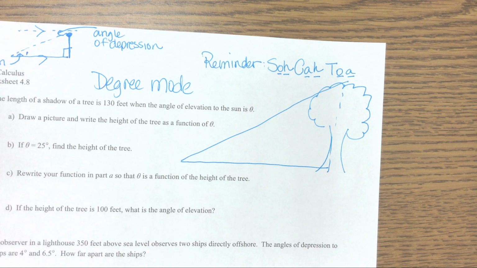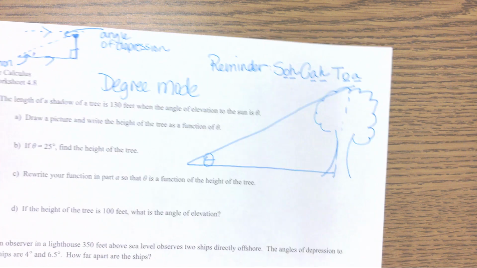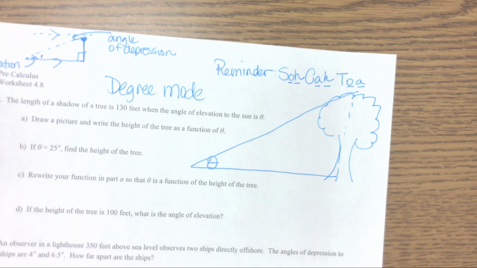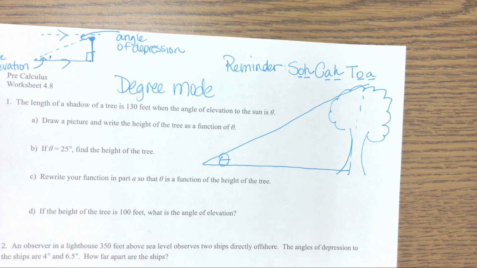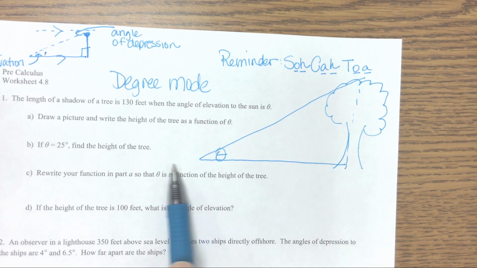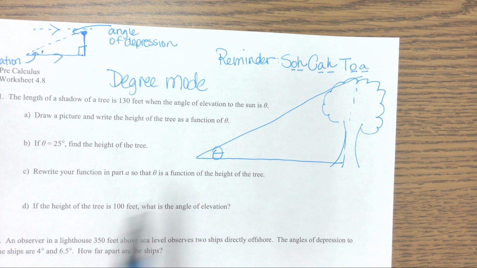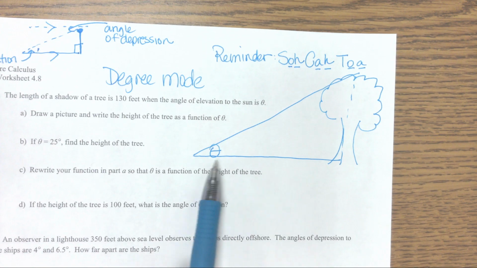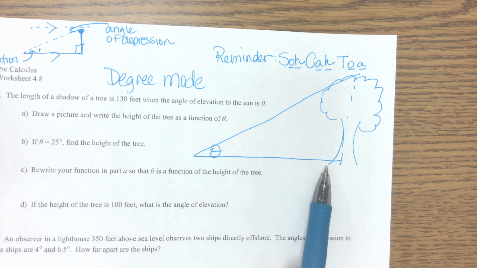Would you put a theta in the bottom? Down here, this is the length of my shadow. You're familiar with shadow, it's on the ground. So what should I put right here? 130 feet.